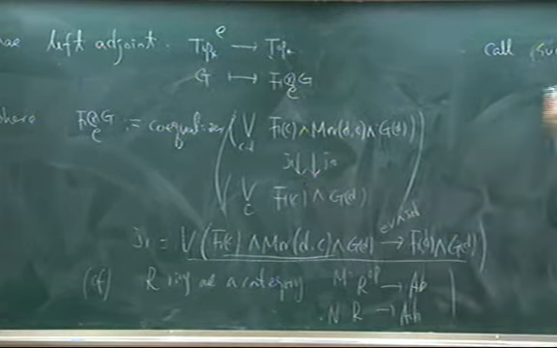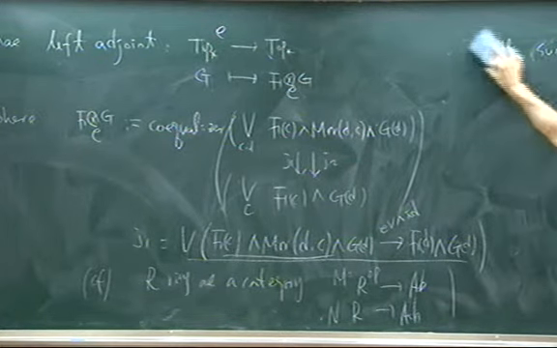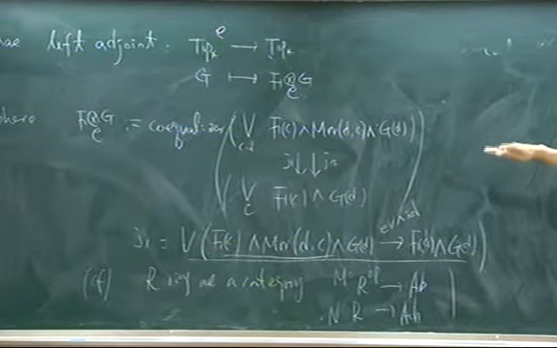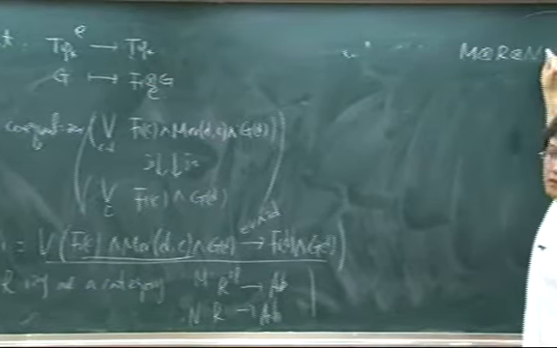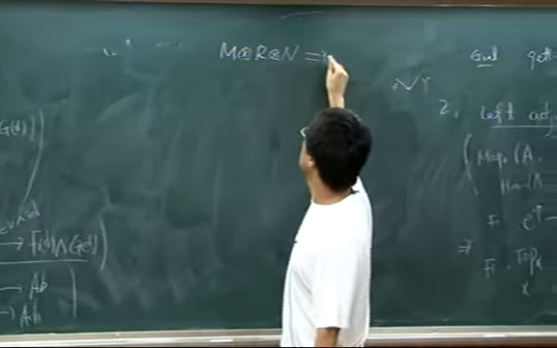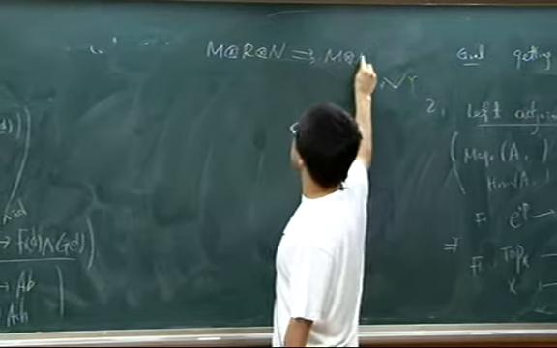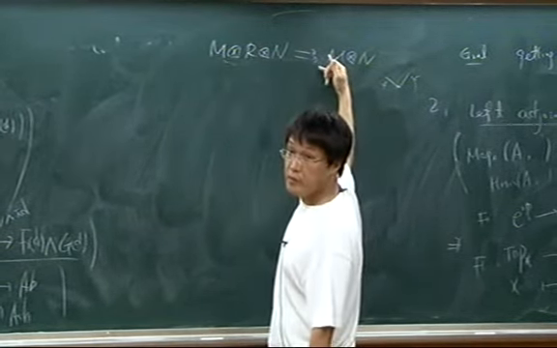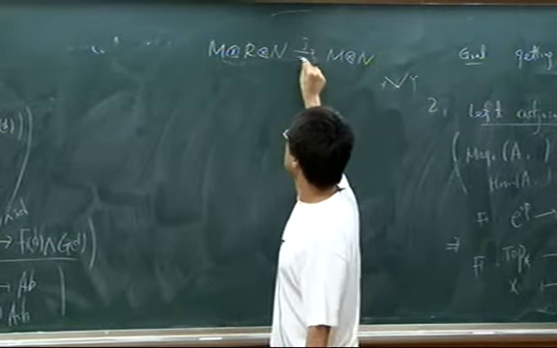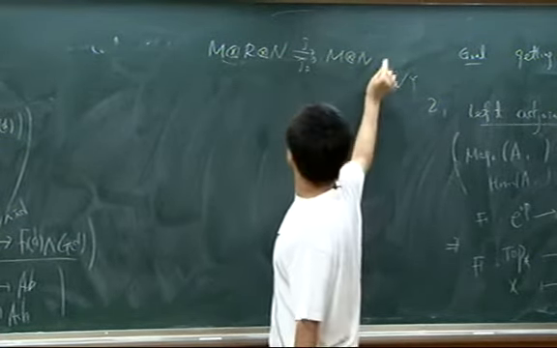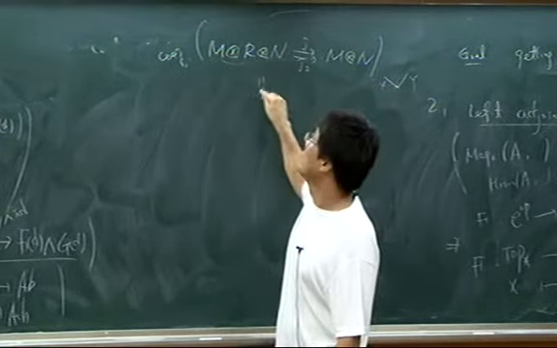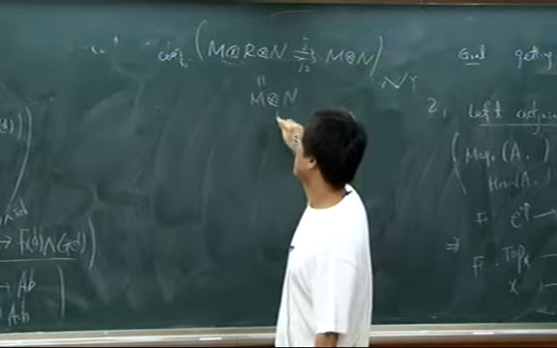Then the co-equalizer just means M tensor, there is only one morphism, the middle one is R, and then N. So the first one means multiplying this one, and then the second is J1 and J2, and we get the co-equalizer. This is exactly the module M tensor N over R.